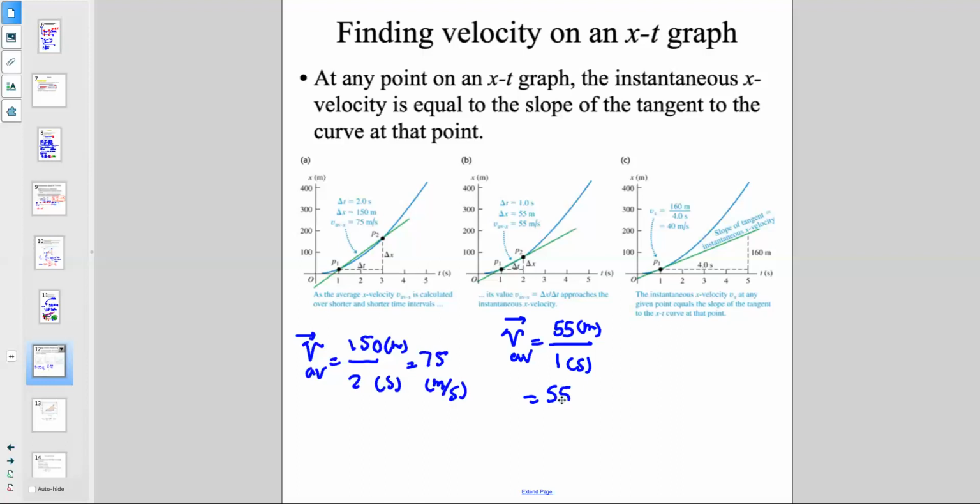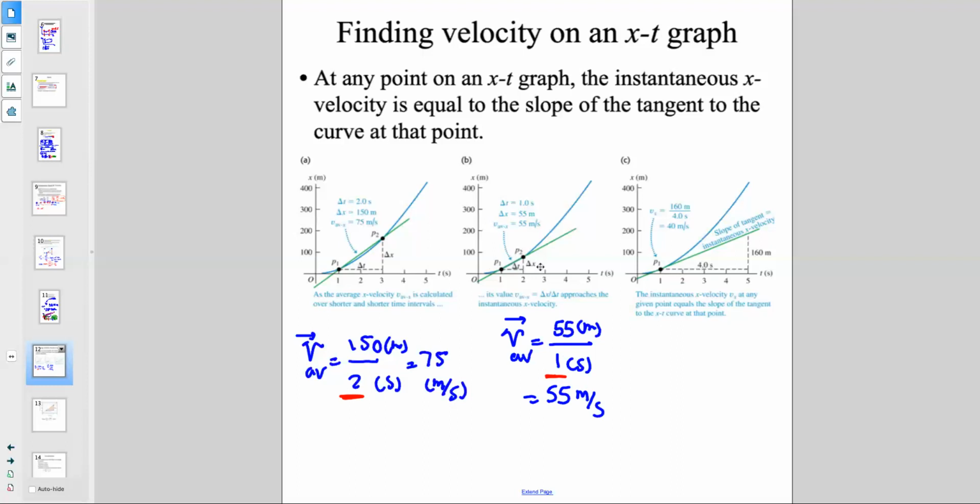So 55 meters per second. Okay. Now, see the time difference, the elapsed time was 2 seconds here. Now it's 1 second, so the points are getting closer to one another. They were apart. Now they are getting closer to one another, okay?